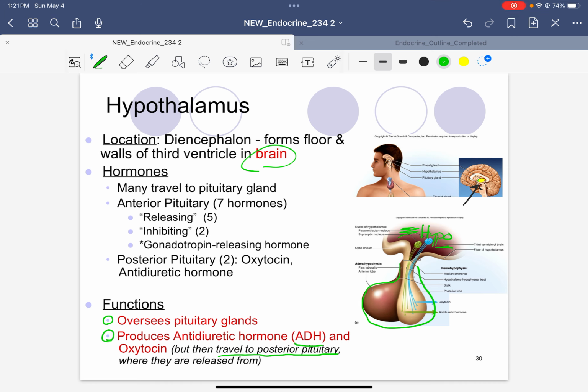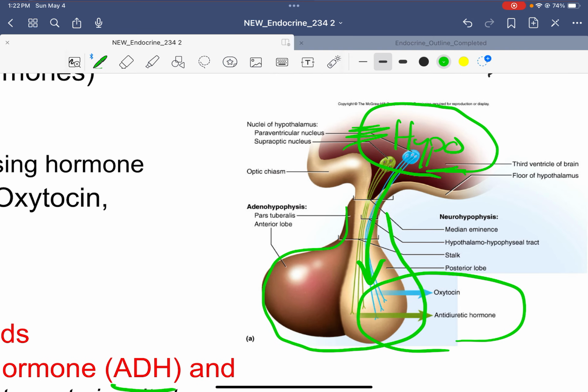So ADH and oxytocin are produced in the hypothalamus, but not released from the hypothalamus. They travel down to the posterior pituitary gland, and that's where they're released from. It's even showing you that. Where is oxytocin and ADH released from?